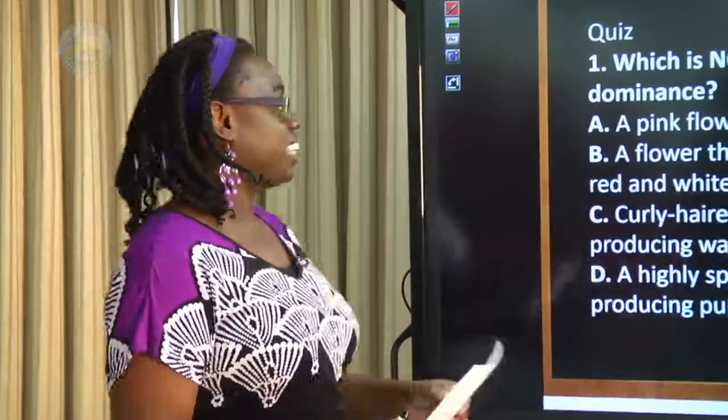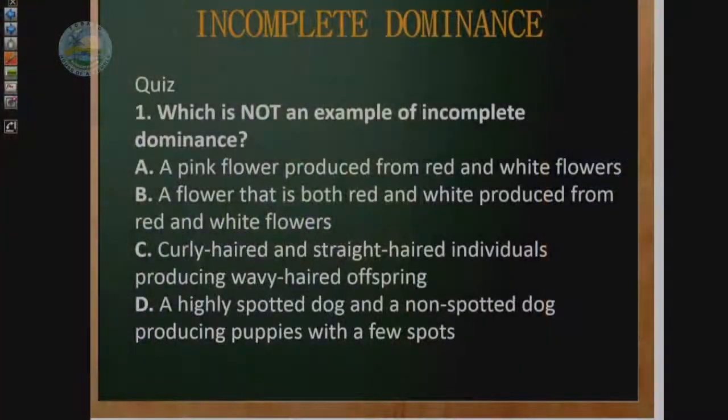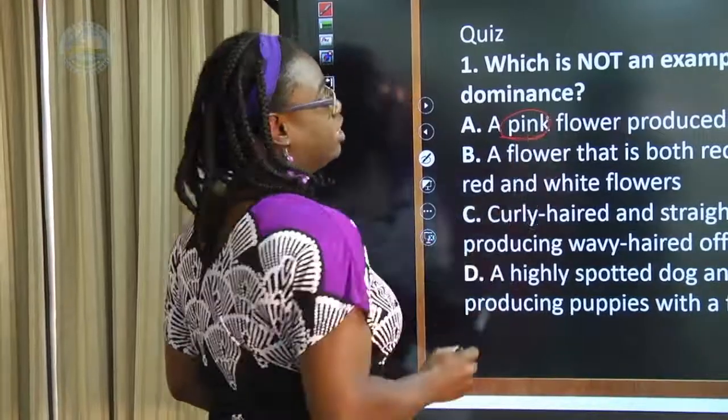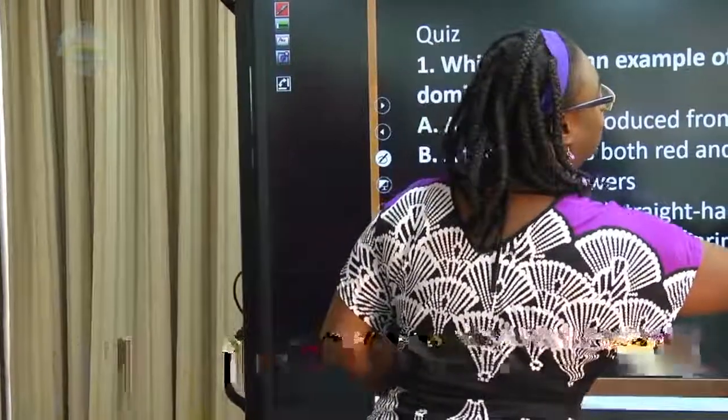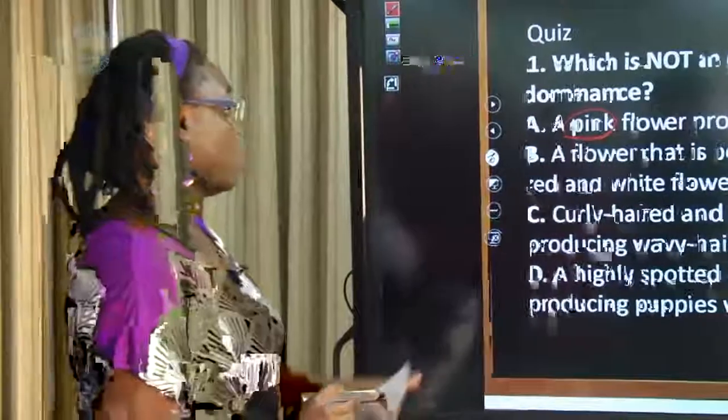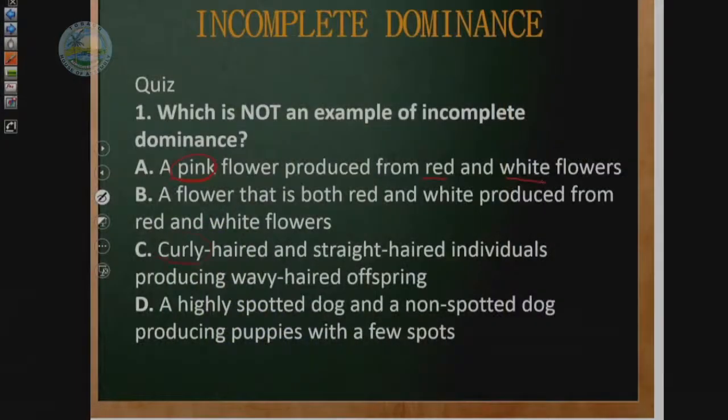The answer there is B. This is the only one that is not an example of incomplete dominance. As we said before, when you have incomplete dominance, you have a mixing of colors. So we have red and white flowers creating a pink flower for option A. In option B, we have curly-haired and straight-haired individuals creating a wavy-haired offspring.